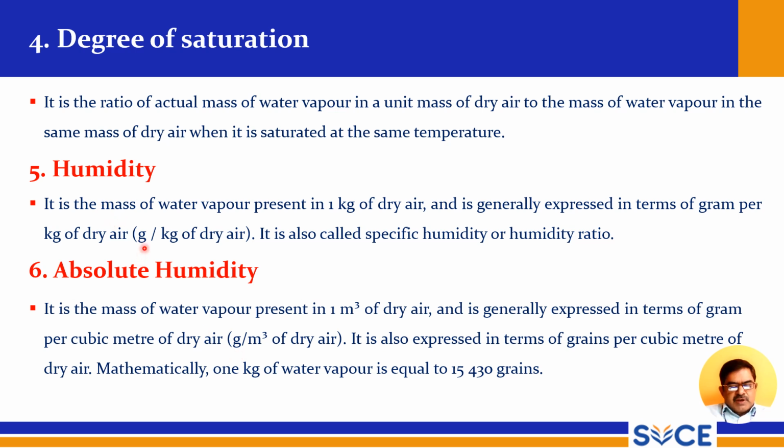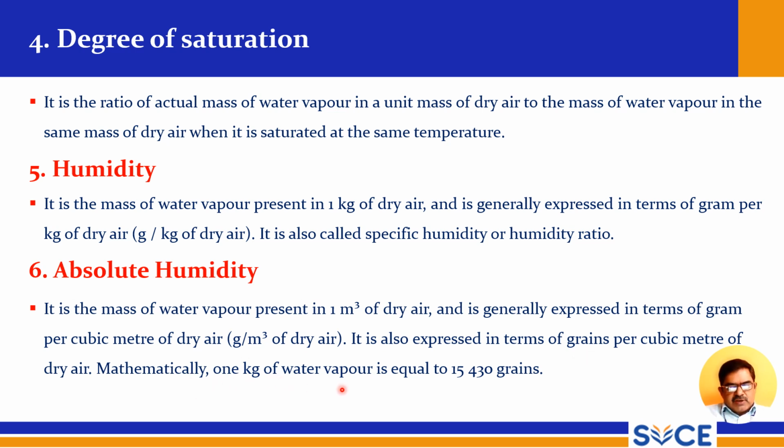In specific humidity we are talking per kg, whereas here it is gram per volume, so that is meter cube of dry air. It is also expressed in terms of grains, so grains per cubic meter of dry air.